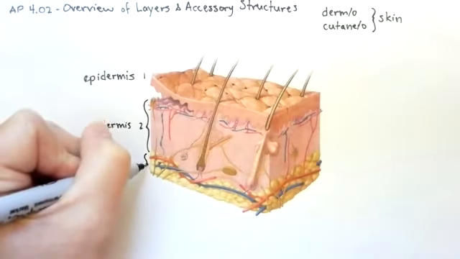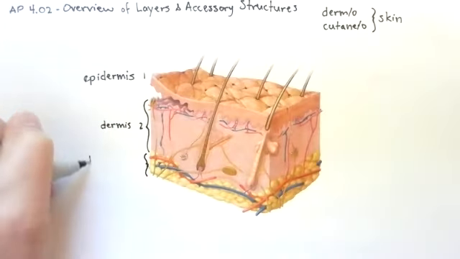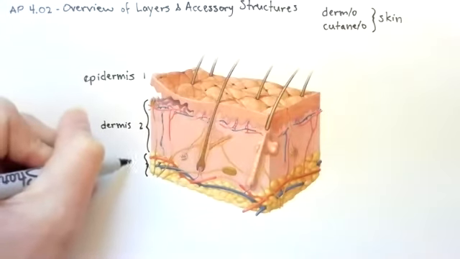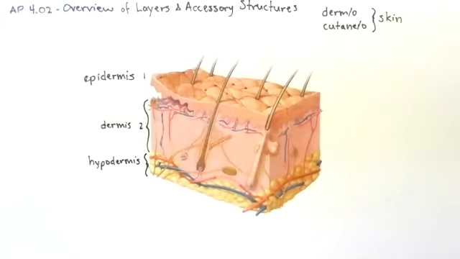And then layer number 3 is called the hypodermis. That has a much different tissue composition, as you can see. In fact, all these little yellow circles are what we call adipocytes. I don't know if we've had adipo yet, but you know what adipose is.